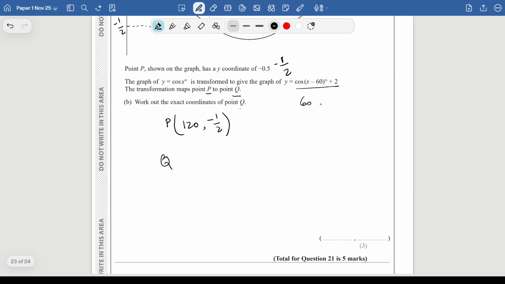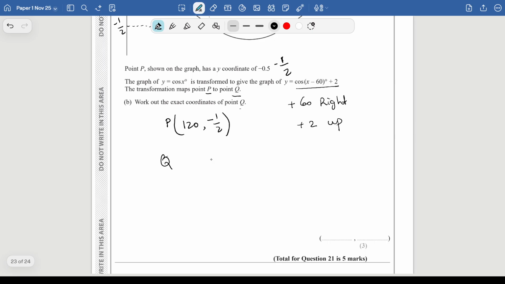So 60 right. Why? Because it's a negative 60, so on the x coordinate, it's the opposite of what's given here. So we move plus 60. And on the y, we go up by 2 units. So this is 2 up.